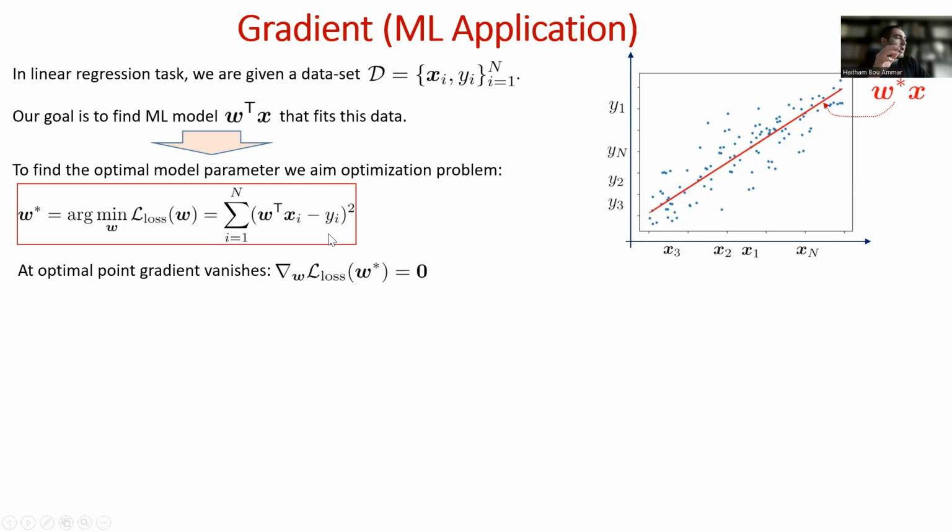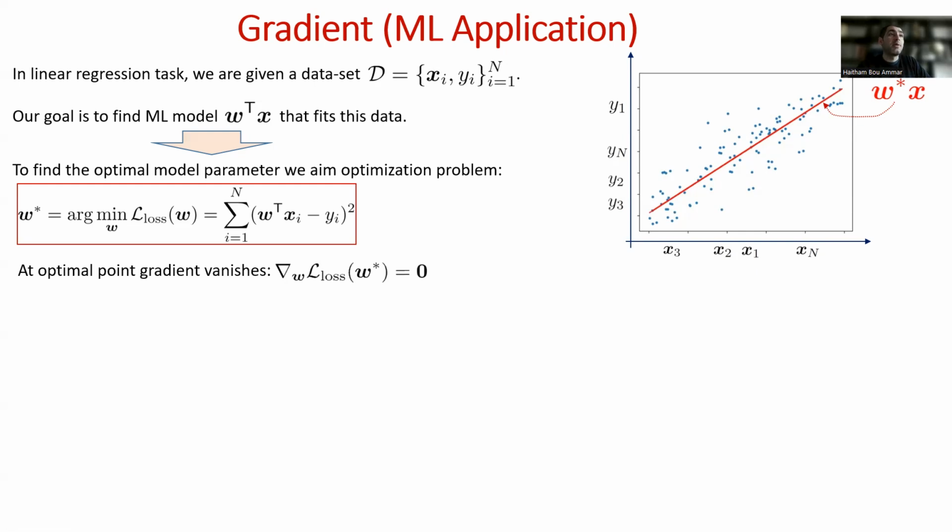We know from the previous discussion that the gradient direction shows the fastest increase of the function, and the negative gradient shows the fastest decrease of the function. Now think about that. If we want to minimize some function, which here is the loss function, we want to find the point at which the gradient vanishes.